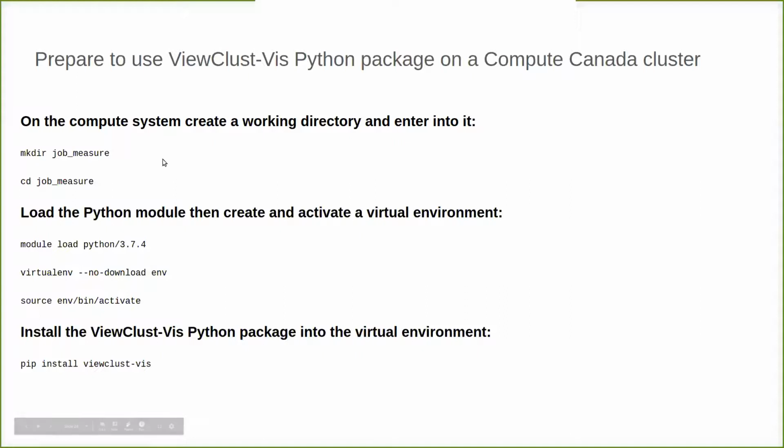I'm going to create a new working directory, go into it, and then following the instructions for Python on the Compute Canada systems, I'm going to load the Python module as appropriate, create a virtual environment, source the virtual environment, and then finally I'm going to do the pip install of the ViewClust viz package on the system. And then this will allow me to create these multiple figures for an account on the system.